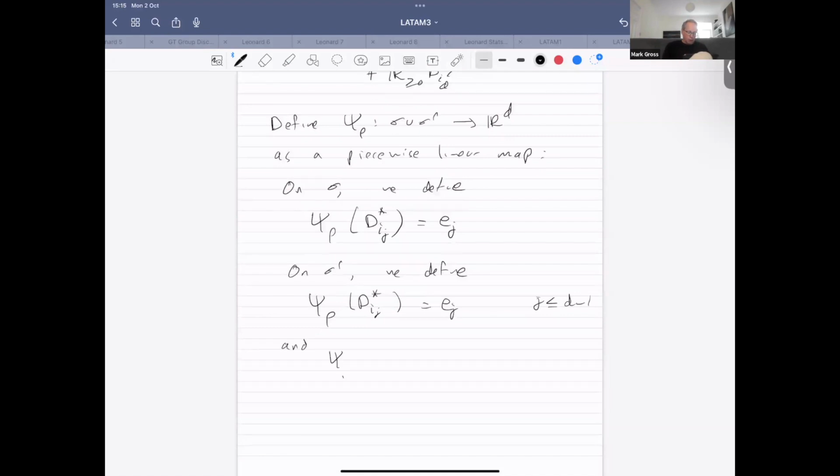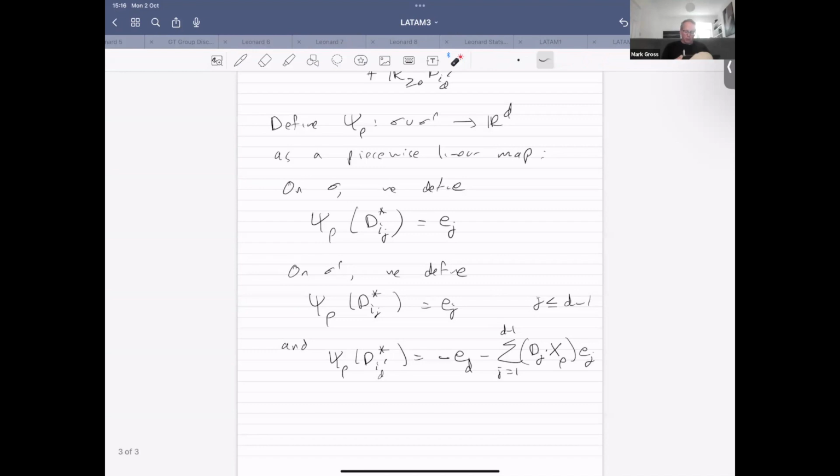And then I define psi rho of d_d prime star to be equal to minus e_d, the last basis vector, minus the summation, j equal 1 to d minus 1, of D_j dot X_rho times the basis vector e_j.